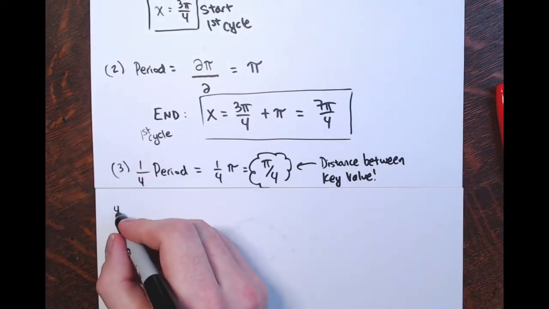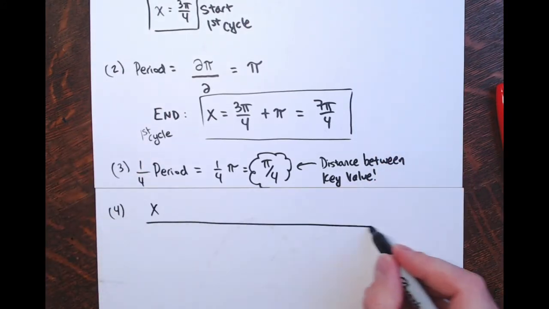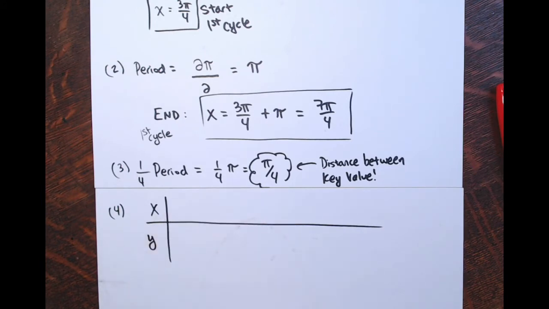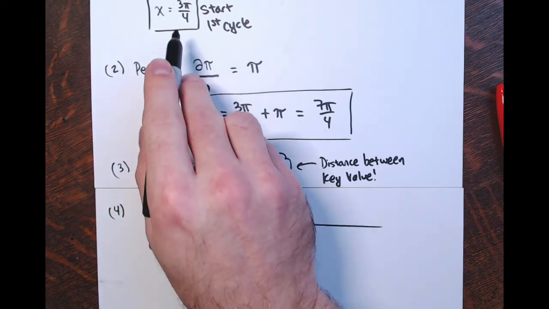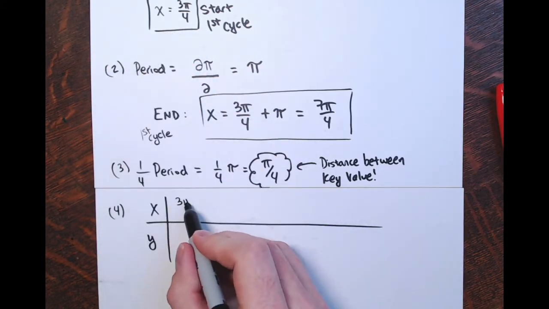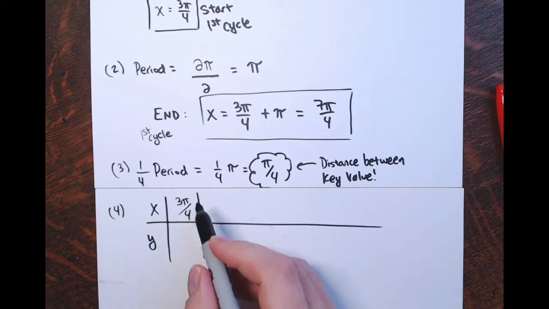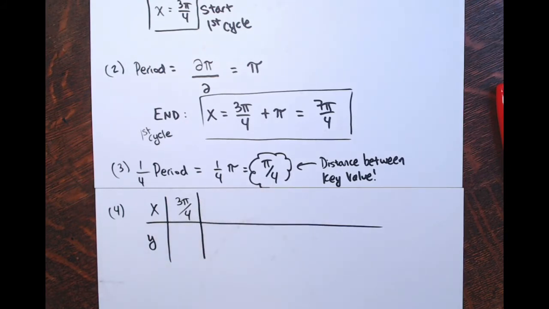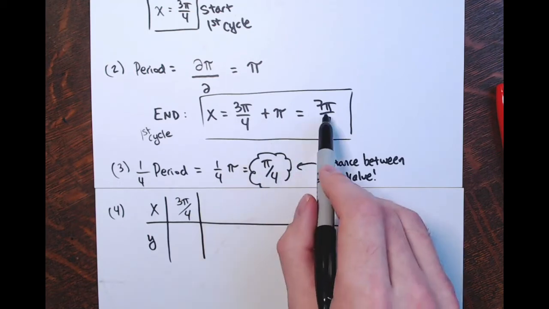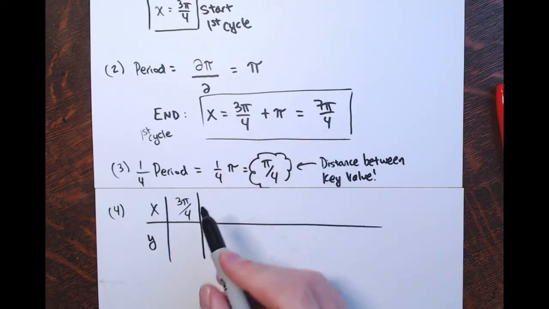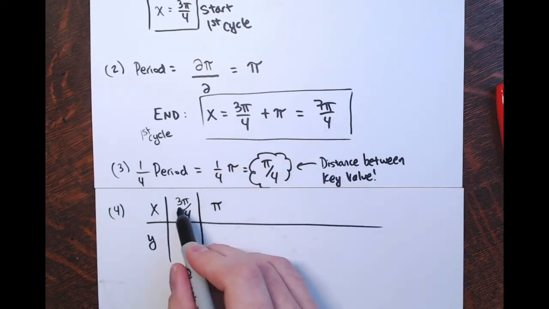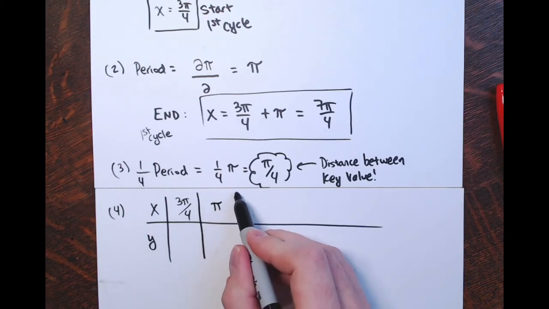Then I made a chart with these key values for the first cycle. So I said I was starting at 3 pi over 4, and then I just keep adding this pi over 4, this quarter period, until I get to the end of my first cycle at 7 pi over 4. So I add pi over 4, that's 4 pi over 4, or pi.